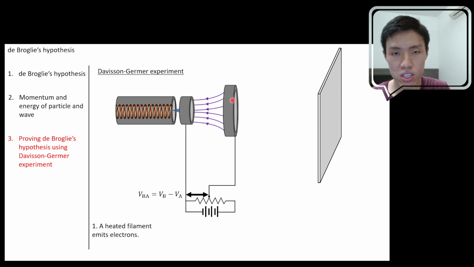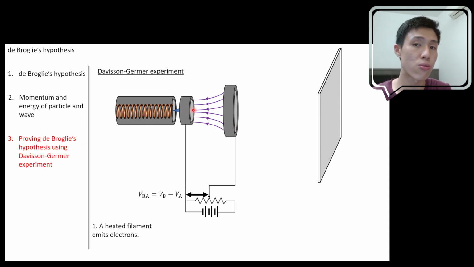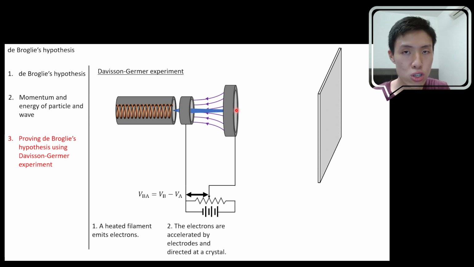Since the electric field is pointing to the left, this electron will experience a force to the right. Because the electrons experience a force to the right, they will be pushed and accelerated to the right. So you can see that the electrons are accelerated by the electrodes and directed at the crystal.